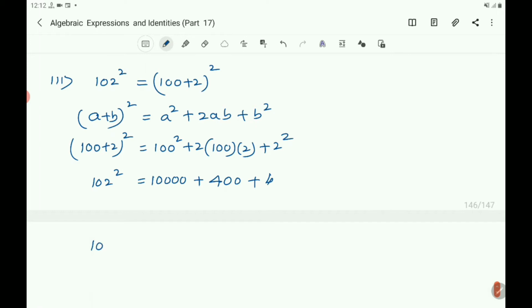Then 102 square equals the sum of 10,000 plus 400 plus 4, which is 10,404. So 102 square is 10,404.